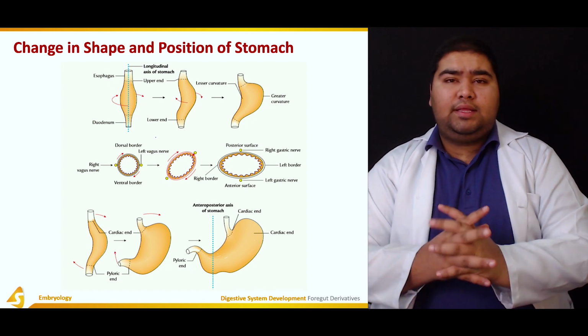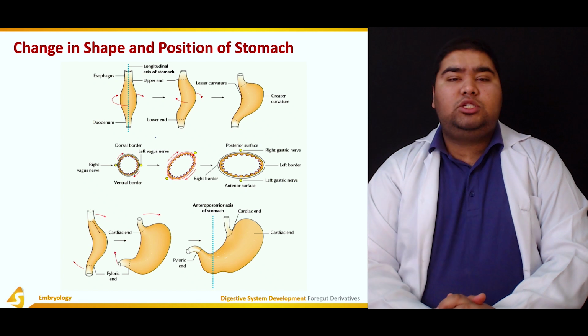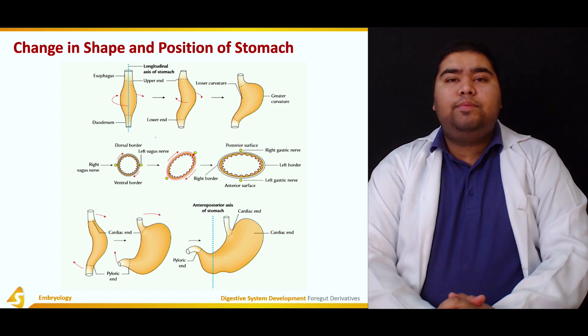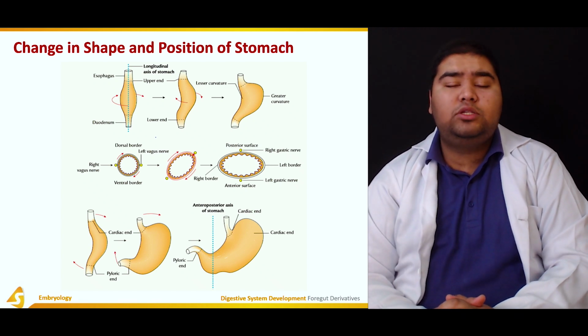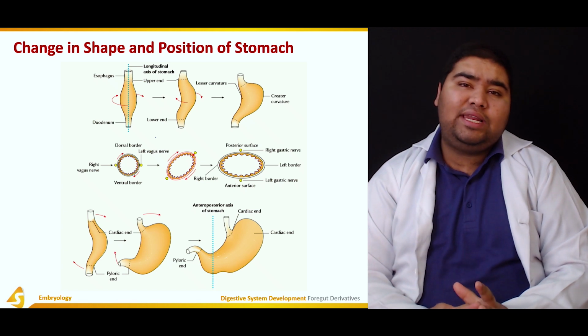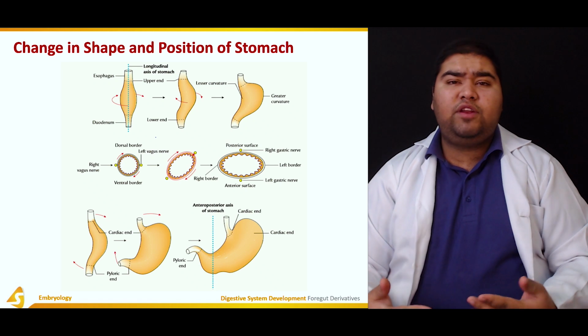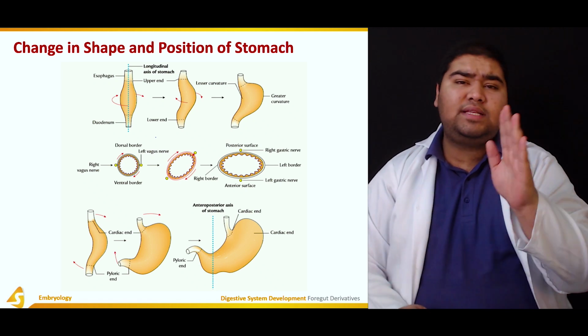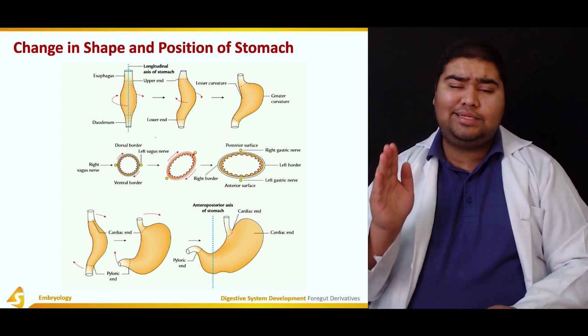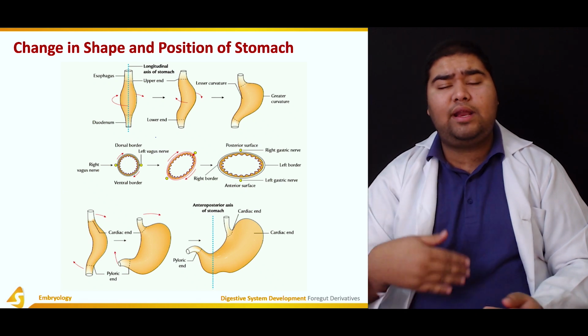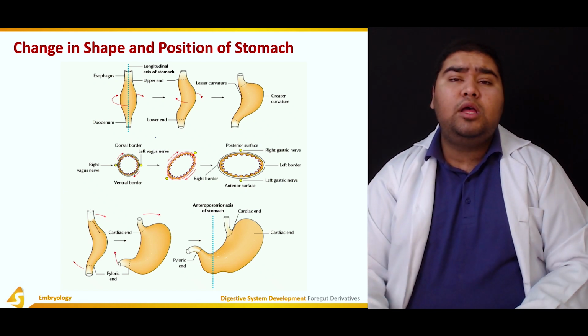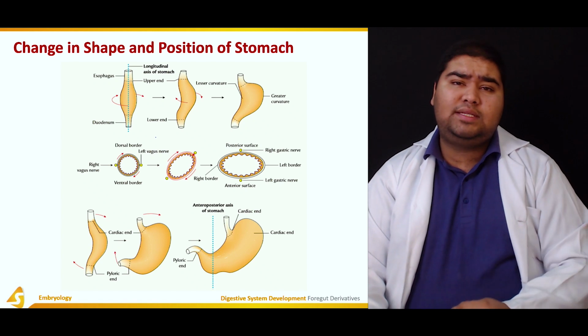So recapping this slide, we talked about the changes in the shape and the position of the stomach. So how does this dilatation form the adult stomach? There's a rapid proliferation of the cells on the anterior surface and the posterior surface. The cells on the anterior surface are dividing rapidly, way more rapidly than those of the posterior surface.